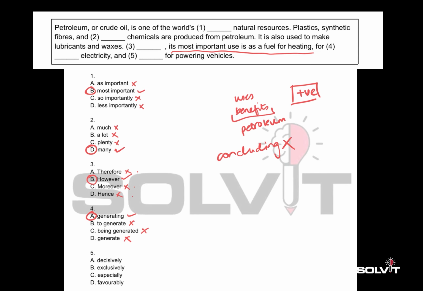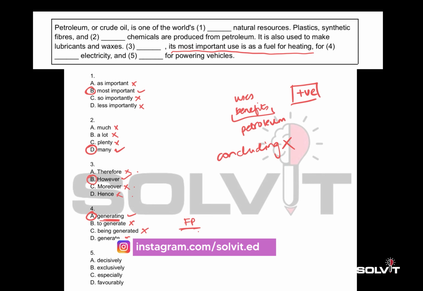So I hope you guys can identify that over here we're using the concept of faulty parallelism, right? Because we have to make sure that the word we choose over here, which is generating, should be in the same form as the rest of the sentence is, right? And what is that? That's parallelism, right? So we're making sure that our sentence has parallelism, okay? Which is why we chose the word generating, because it makes sense, okay?